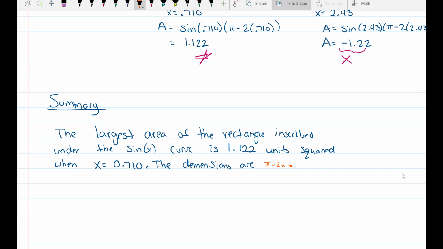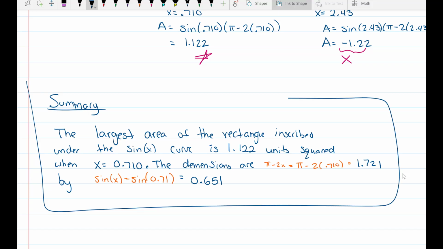Pi minus 2x, which is pi minus 2 times 0.710, which is equal to 1.721, by, well, sine of x, which is sine of 0.71, which is 0.65.